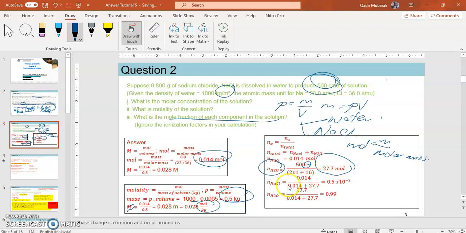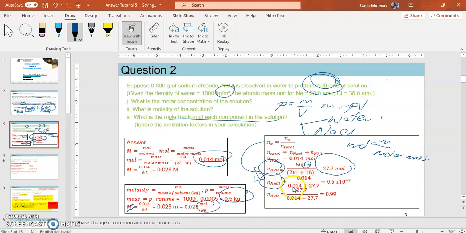And later on, to find the mole fraction of each component, here is the formula. We use this formula, and here is the mole fraction for NaCl. The mole for NaCl divided by its total mole in the system.